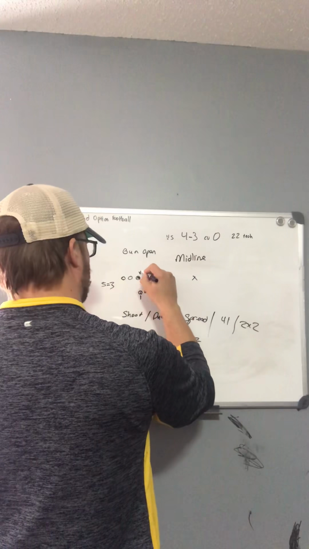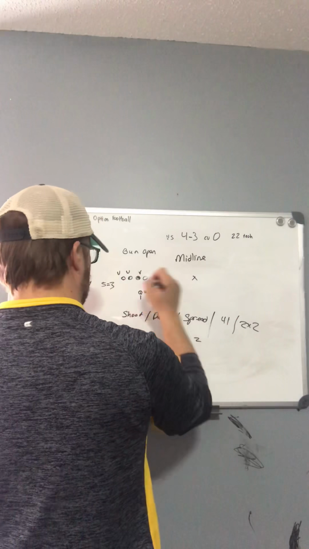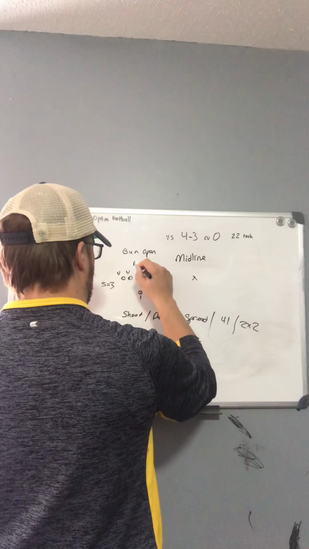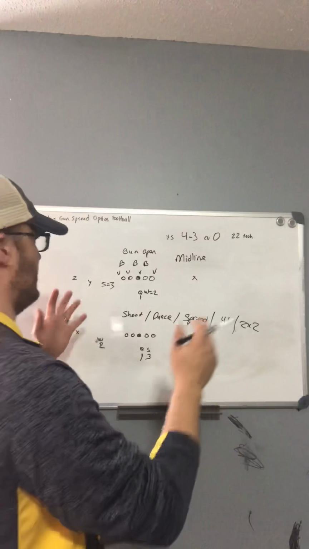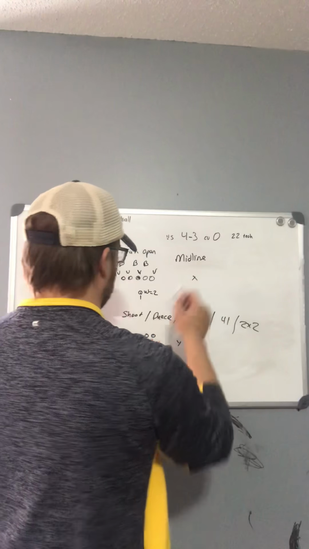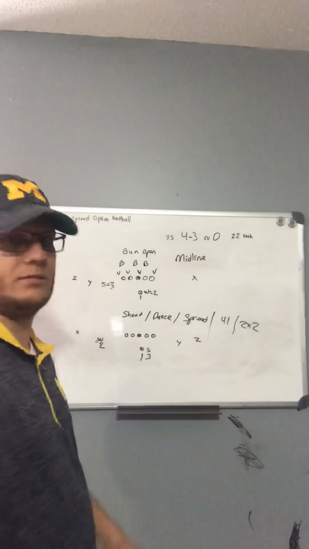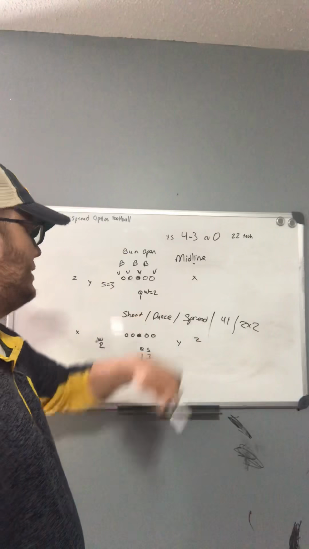They run a 1 technique. They check to the pass strength. And I call midline. That's all they need to know. If we can't run midline, we automatically have to audible to veer because he's in a 1 technique. So to keep it simple, I just call midline.